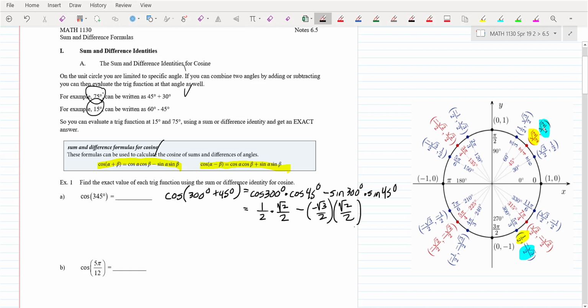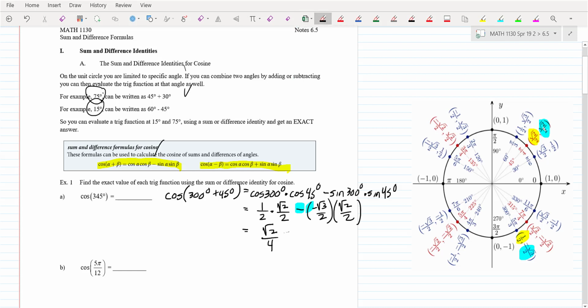That's it, okay? And then we're going to multiply this stuff out. Again, it's up to you how you combine to get the 345. Just find two angles on the unit circle. The problem's designed so it works that way. Then you can multiply straight across. So this would be square root of 2 over 4. And same thing here. You've got two negatives here, so be careful with your signs.